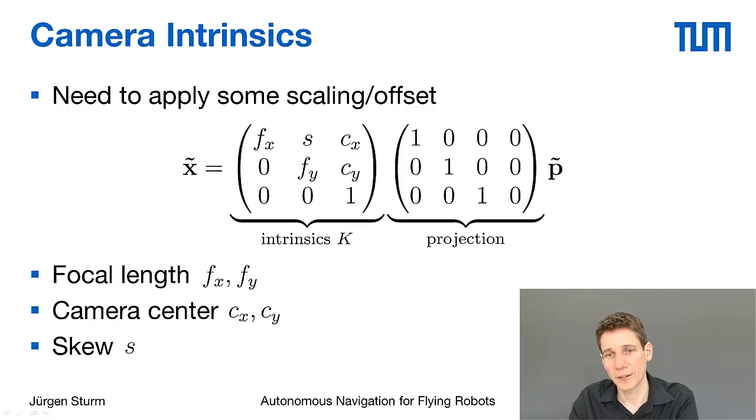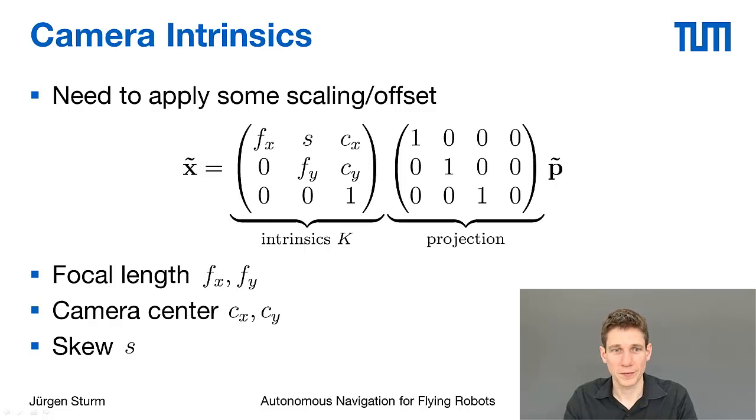It's sometimes abbreviated with a K, and it consists of 5 parameters, namely the focal lengths fx and fy, that specify, intuitively speaking, the opening angle of your camera. The larger this focal length is, the smaller the opening angle of your camera is, and vice versa. So a normal camera, for example a webcam with, say, 60 degrees of opening angle, has a focal length of around 500 to 1000.